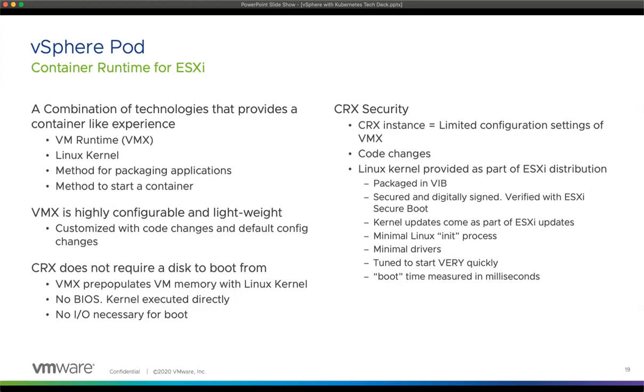And if you enable TPM, you can create an attestation report that says secure boot ran, that says everything is cool. So the Linux kernel itself is essentially tamper-proof. Kernel updates are going to come as part of ESXi updates.